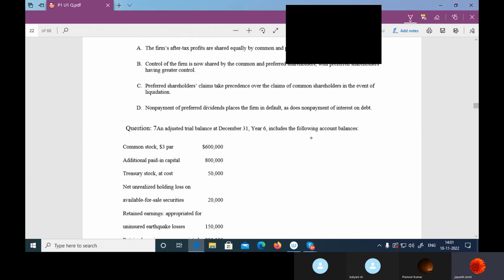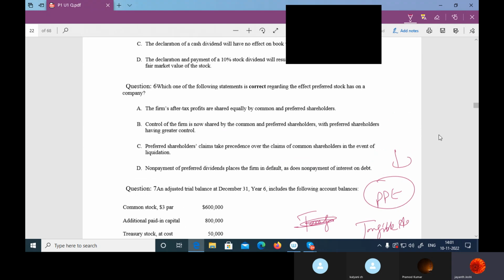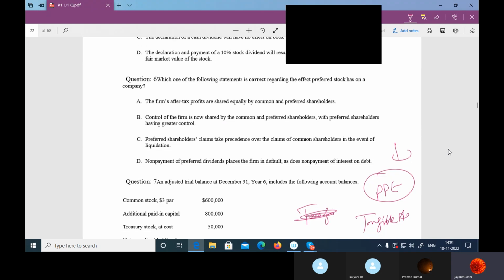Part 2 only. We will take tangible assets tomorrow, that is property, plant, and equipment. Let's start the class tomorrow for that. After finishing that chapter and intangible assets, I'll finish the 2 chapters back to back, and then we'll do questions from those 2 chapters. Okay. Fine.